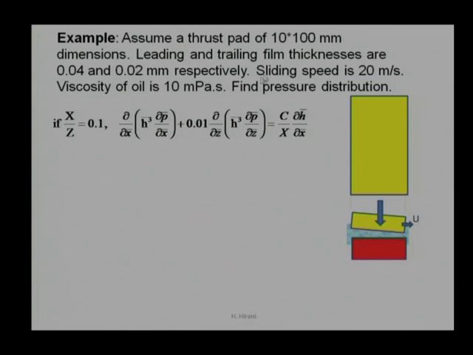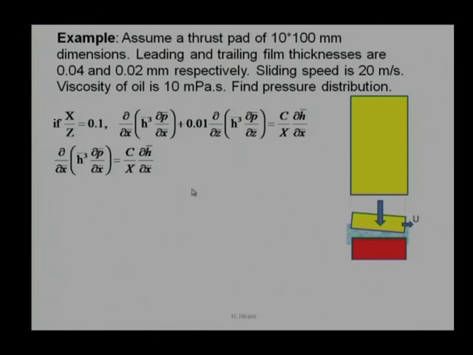Using this dimension, x is 10 mm, z is 100 mm, so x by z will turn out to be 0.1. We use this 0.1 over here, that is x square by z square will turn out to be 0.01, and this term can be neglected compared to 1 over here. 1 versus 0.01, naturally this is negligible, we can neglect it and we can use only this term.